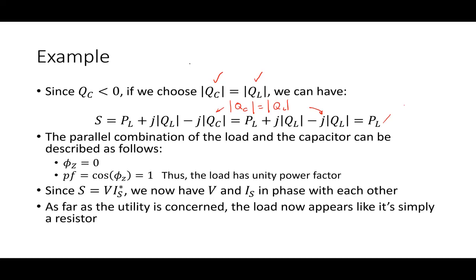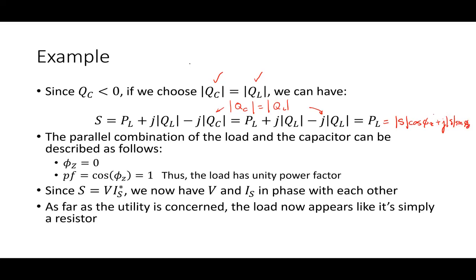Right, well, because of the relationship we have that says that complex power is equal to P plus JQ, and we write that as magnitude S cosine phi Z plus J magnitude S sine phi Z. Right?